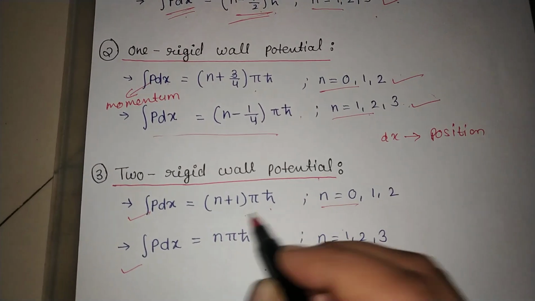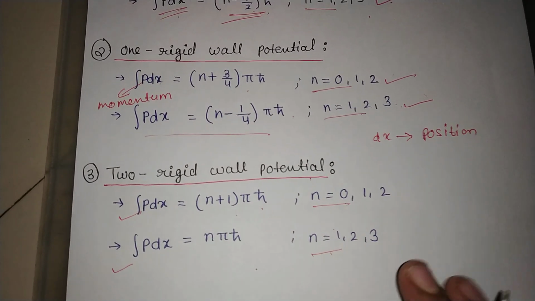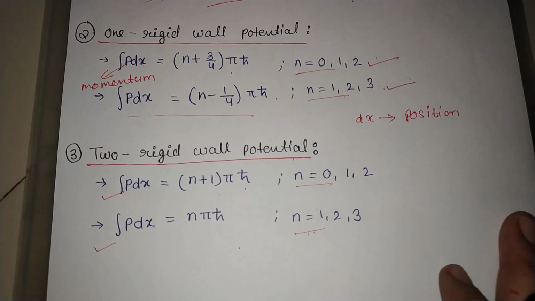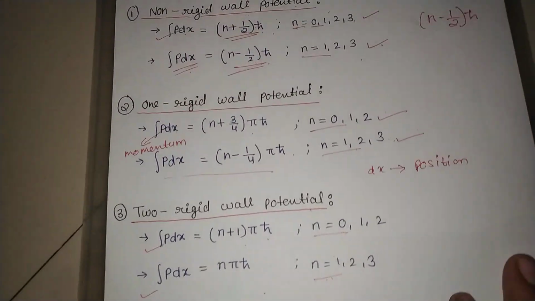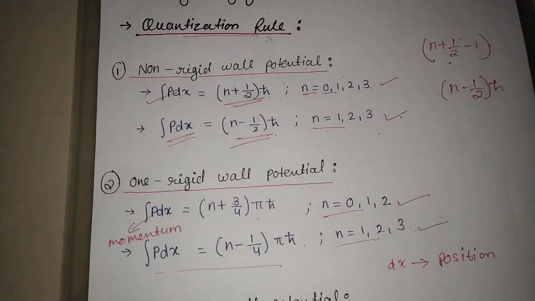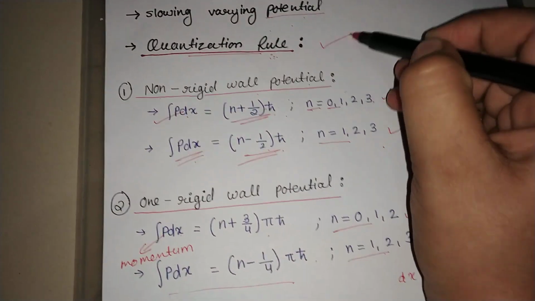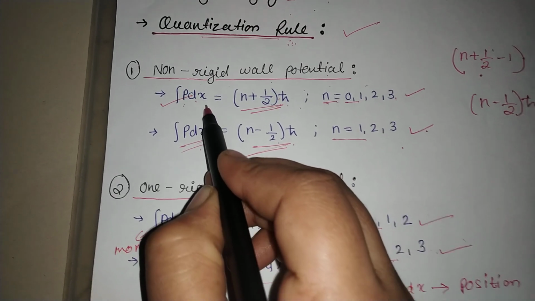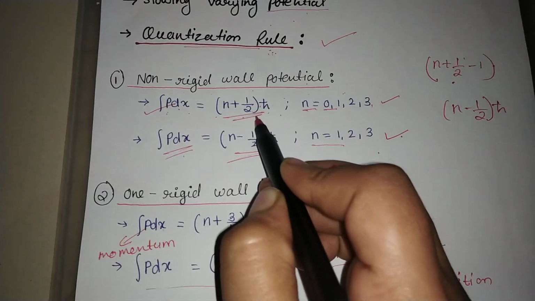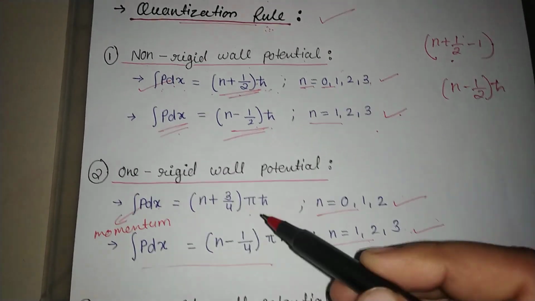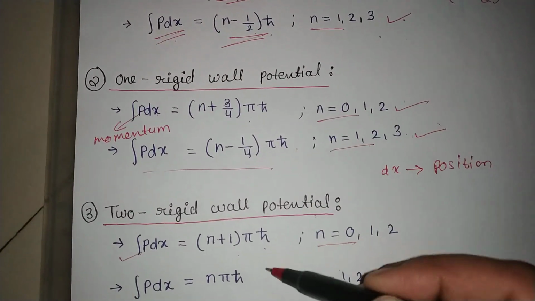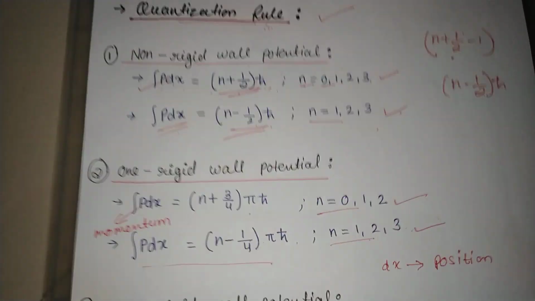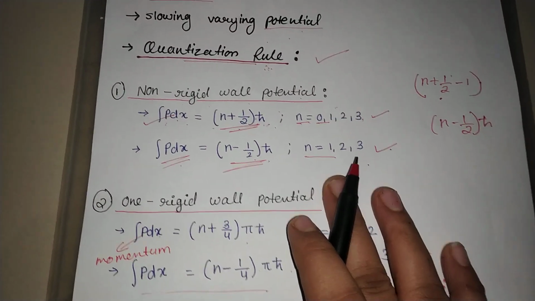If you are using the first one, n will be 0. If you are using the second one, n will be 1. Clear? Now be very careful, you have to remember all these quantization rules. In the first one, we have the integral of p dx equals n plus half h cross. But in these two cases, you can see we also have pi. So remember this while using these formulas.